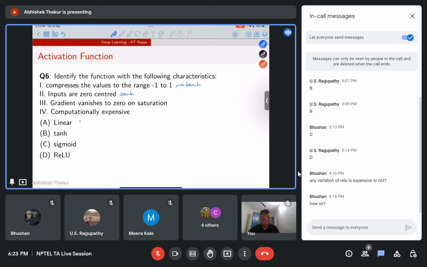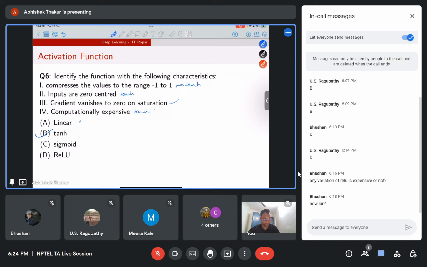Third, the gradient vanishes to 0 on saturation. It means that when x is very large or very negative, the gradient is 0 in tanh. So option 3 is also correct for tanh, and it is computationally expensive because it is a non-linear function. So option B is correct.